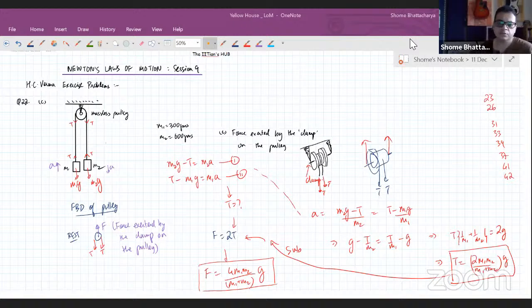So start solving the module. If you haven't started solving the module yet, start solving. After we finish HC Verma, we will keep some time for discussing the doubts from the module also.